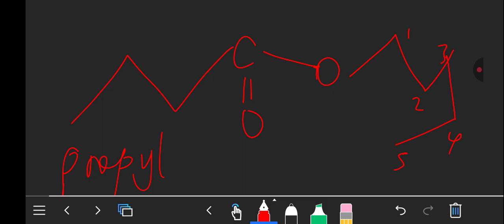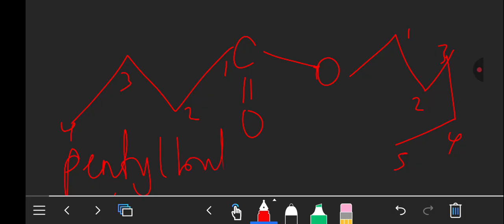Okay, it has 5, so it should be pentyl, not propyl. Propyl is for 3, so it will be pentyl. Then this one has 4, so it is but. It was supposed to be butanoic, but it will be butanoate. So this is how to name.